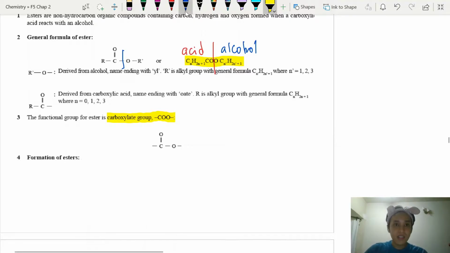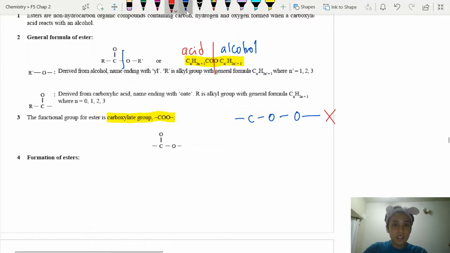Now another mistake that I normally see students making when they draw the structural formula for esters is that because here is COO, they tend to draw it like this, COO, and then they draw it like this. Technically, they just directly translate the molecular formula into a structural formula. You need to remember this is wrong.